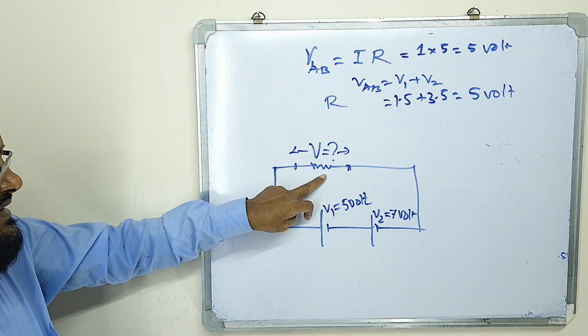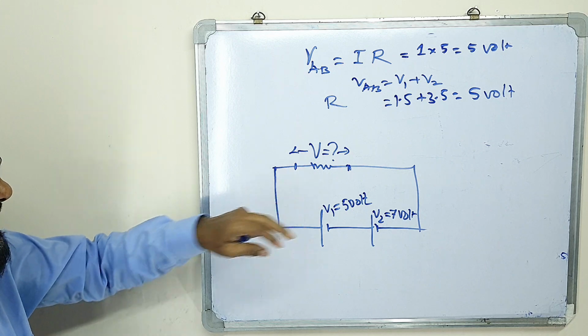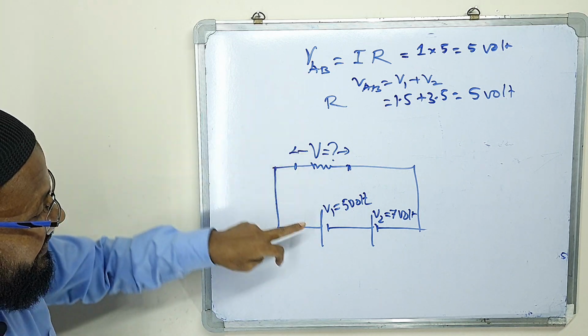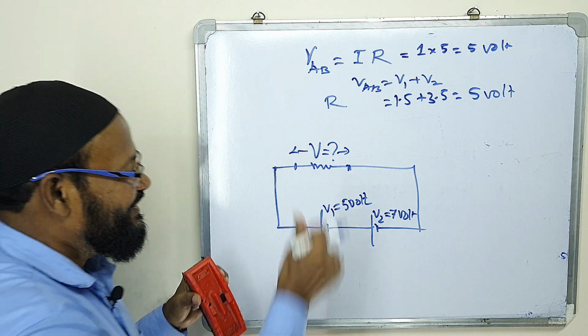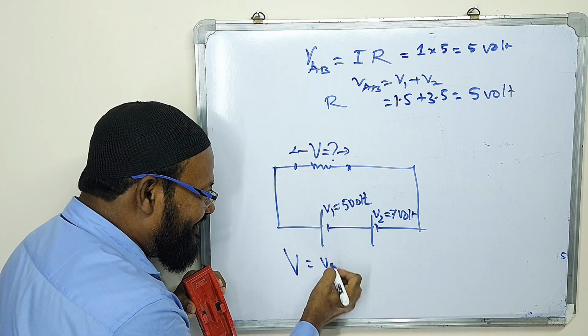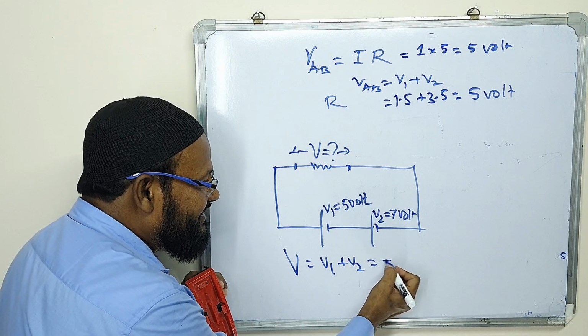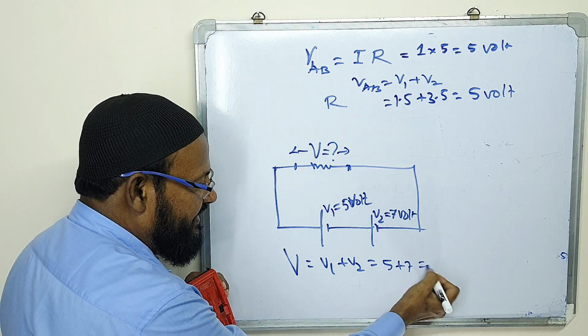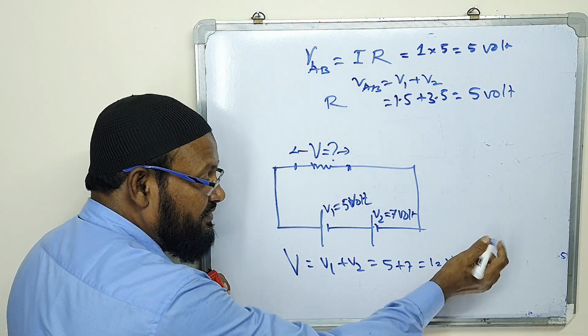In this case, sir, resistance or current, nothing is given. What is this V? Sir, this V is equal to V1 plus V2. This is equal to 5 volt plus 7, this is 12 volt. Be careful. Okay.